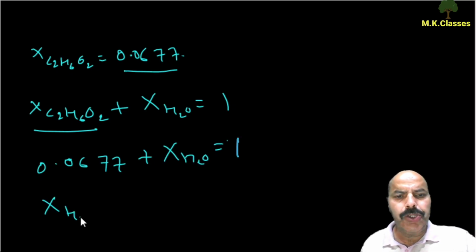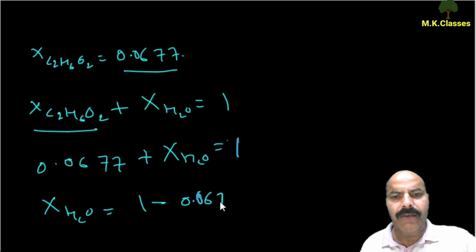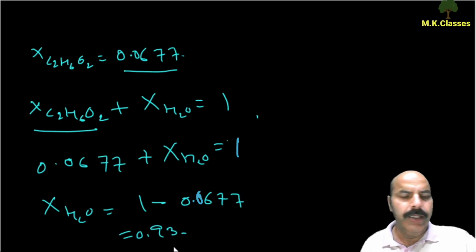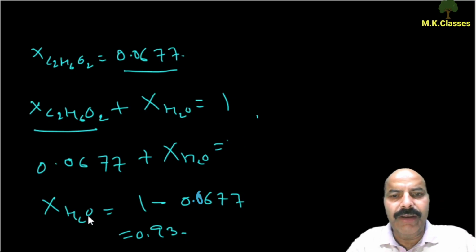So XH2O we can find out, that is 1 minus 0.677, and that is equal to your 0.93. So beta, this way we can find out the mole fraction.